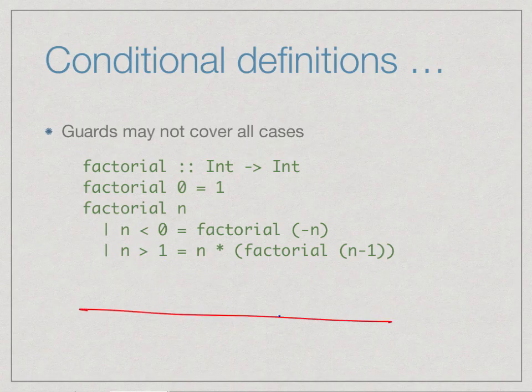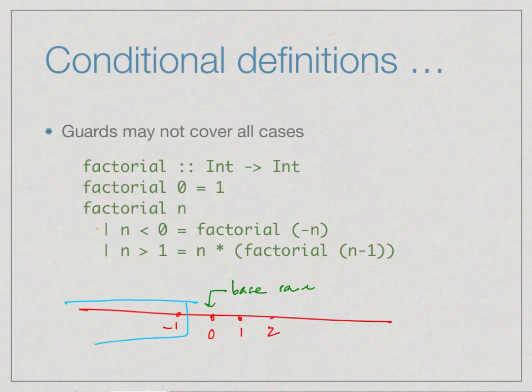So now if I look at the set of integers, then I have this for the base case. Then I have everything from -1 onwards. So this is this definition. And I have everything from 2 onwards covered by this definition. So now I have basically a problem because I have covered this, but this thing is not covered.